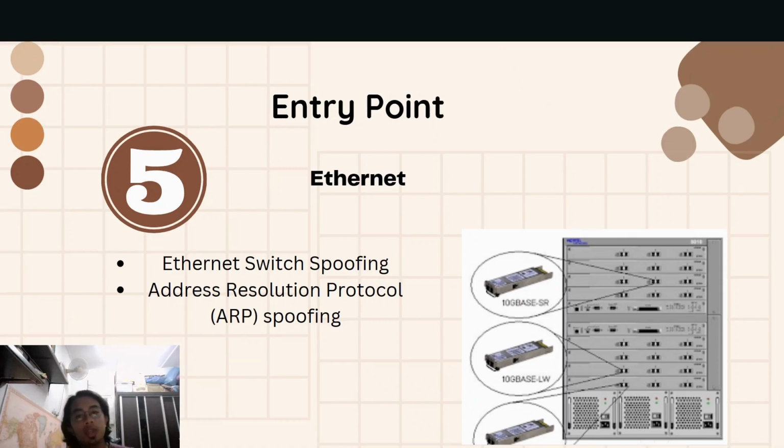Next, the fifth entry point is the Ethernet. Ethernet can be a possibility for hackers, because it can lead to vulnerabilities such as Ethernet switch spoofing, Address Resolution Protocol (ARP) spoofing, and many more.